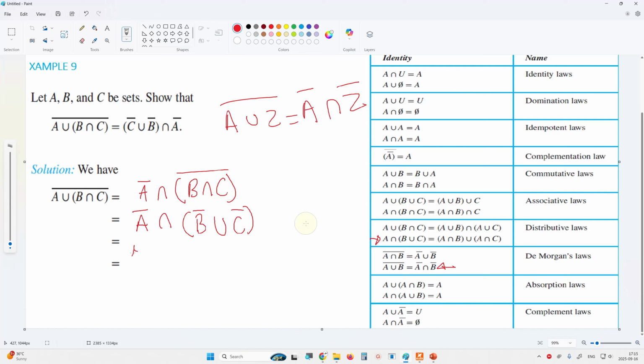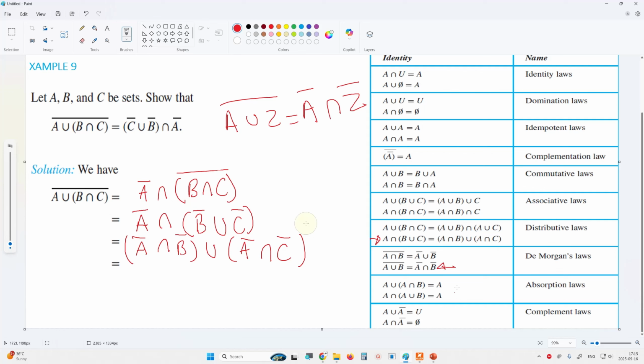So this is going to give me, not A, because the complement of A, the intersection with the complement of B, this is one thing, and then I have the union with the complement of A with the intersection of the complement of C. Is that okay? All I did is this over here.